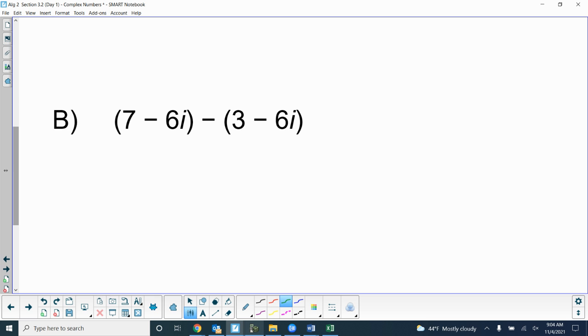AJ, what's this one? Yeah, 0i, right? You can write the 0i or you don't have to. You can just put 4. Doesn't matter to me. But the minus a negative makes you do what with those 6s? Add, right? It's like negative 6 plus 6, right?